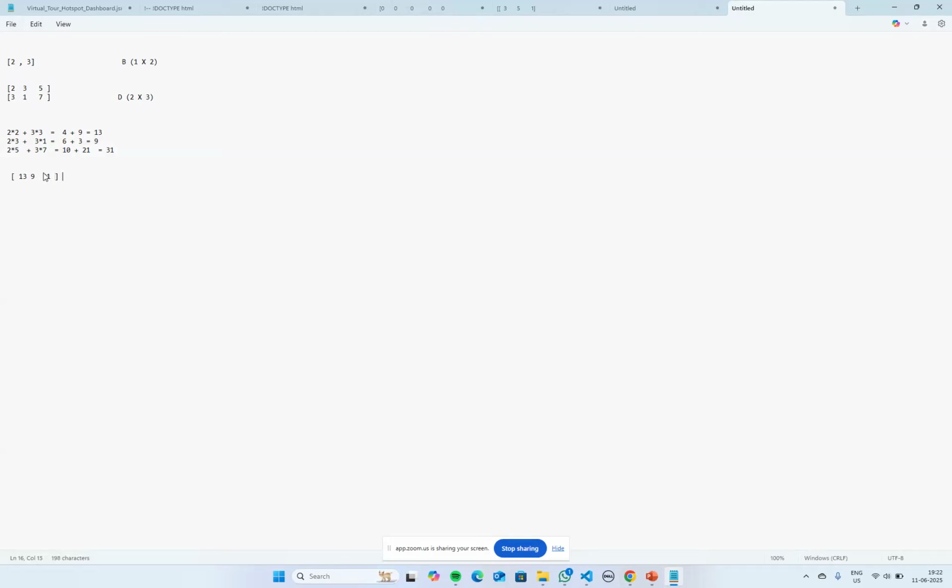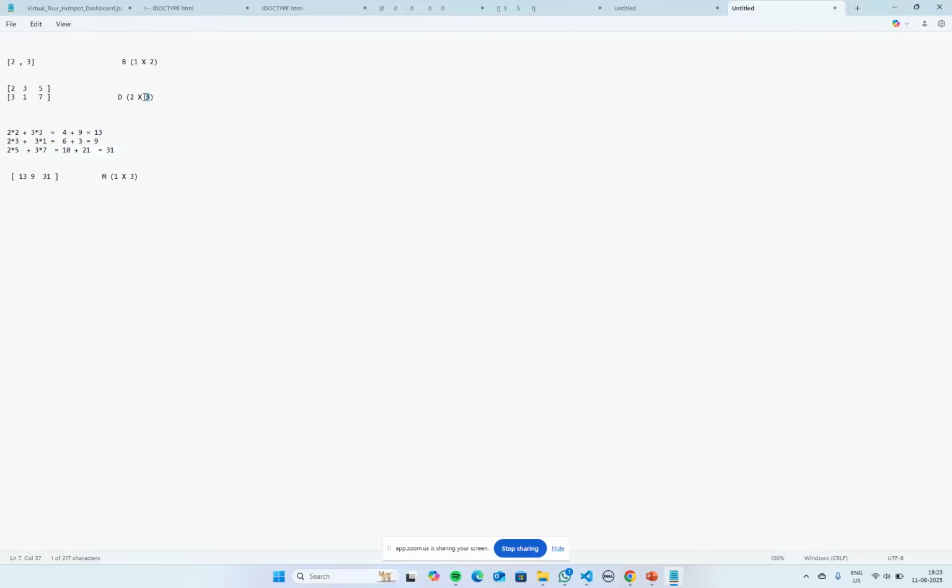So can anyone tell me what the size of this array is? I'll name it as M. So what's the size of this array? So 1 into 3. If you can see over here, what's the B row value? 1.